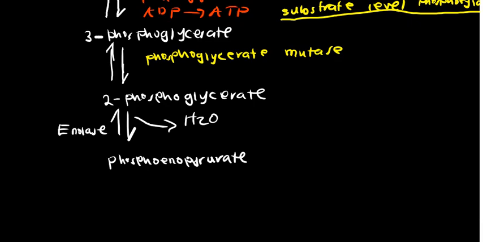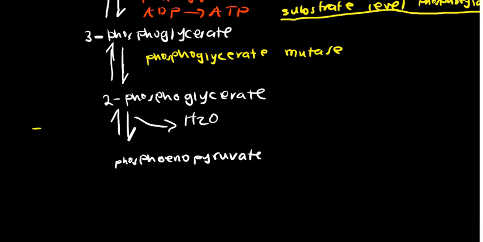Let's use a different color so that we can see it clearly. So this is phosphoenolpyruvate, and the enzyme is enolase.